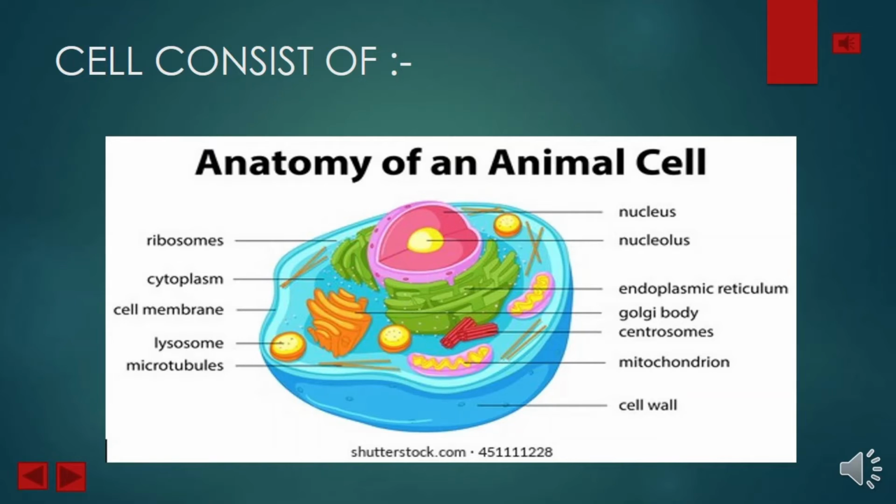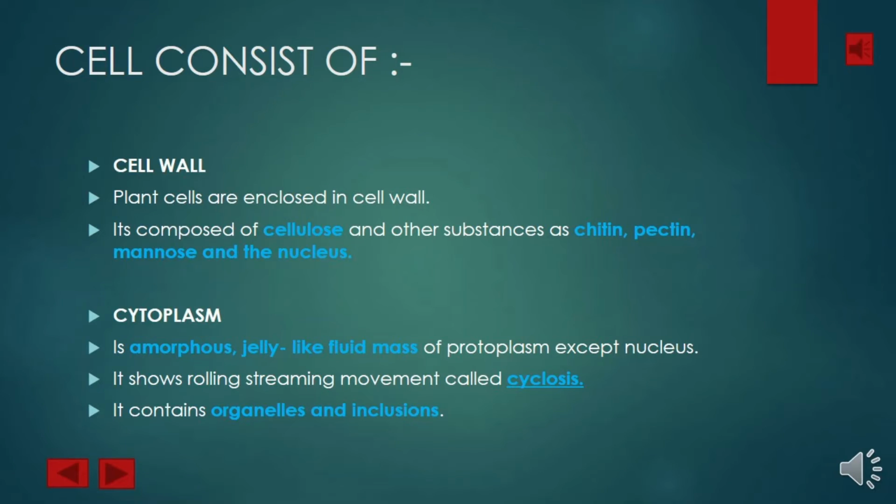So we'll go into detail regarding things such as the cytoplasm and what the cell wall is. So the cell consists of the cell wall, cytoplasm, and all that we see. Coming first to the cell wall, the plant cells are enclosed in a cell wall, and animal cells are also enclosed in a cell wall.